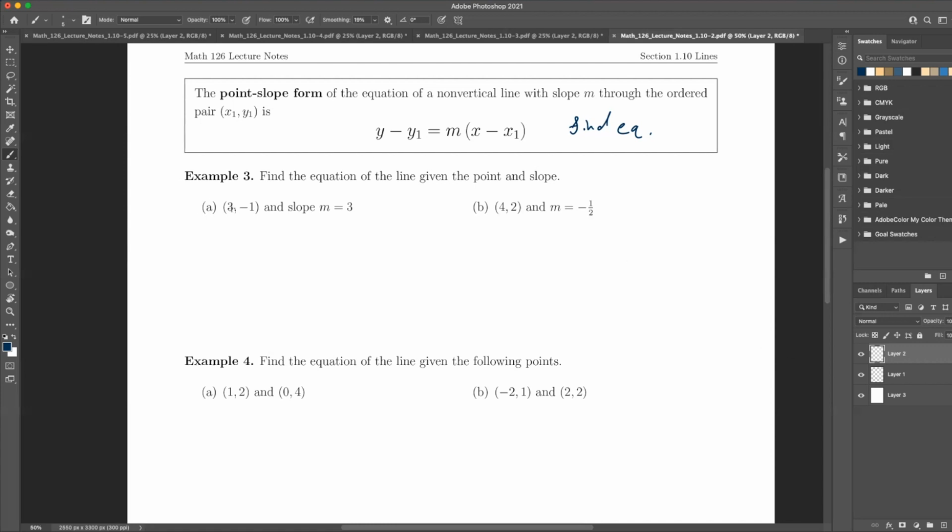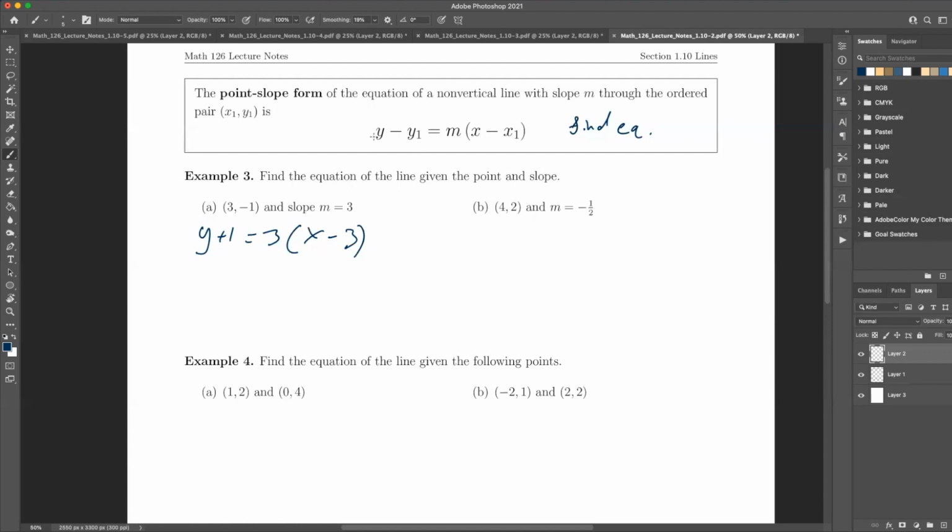So here, if I knew a point and a slope, I can just crunch through it. It'd be y minus y1, so this would be plus 1, right? Minus the negative 1 is 1, equal to m, which I know is 3, times x minus x1, which is minus 3.